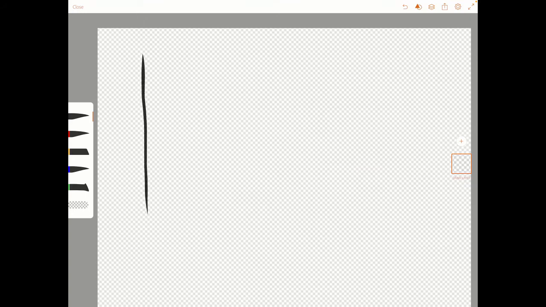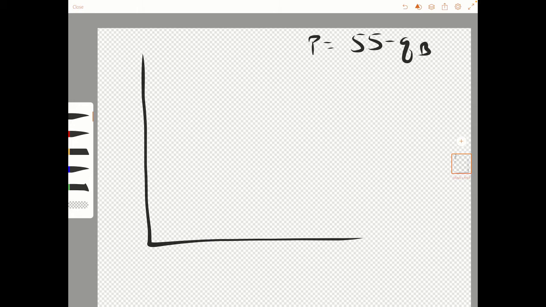The demand curve looks like this. So here is, just to remind ourselves, here is the demand function. So our y-intercept is 55. Our marginal cost is 10. Just draw that across there.